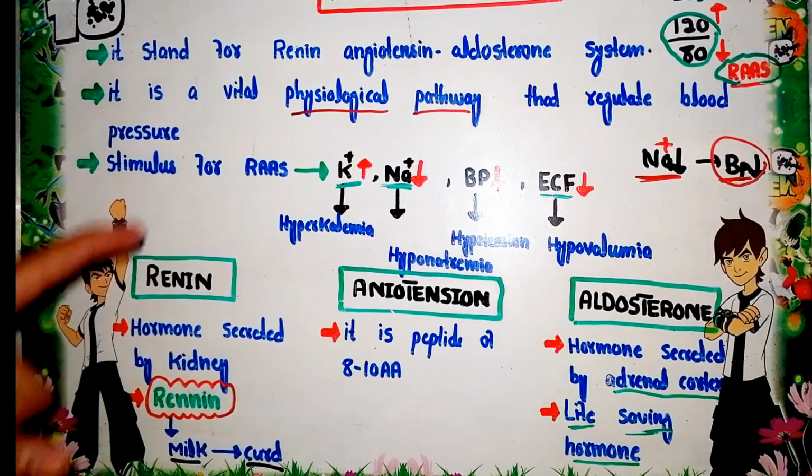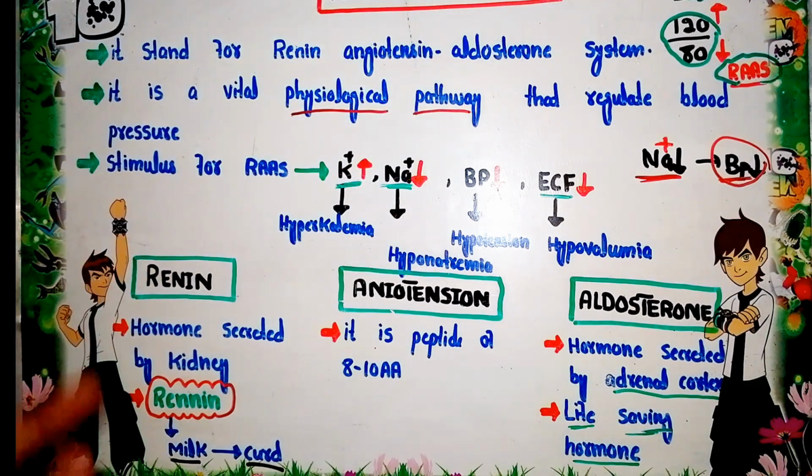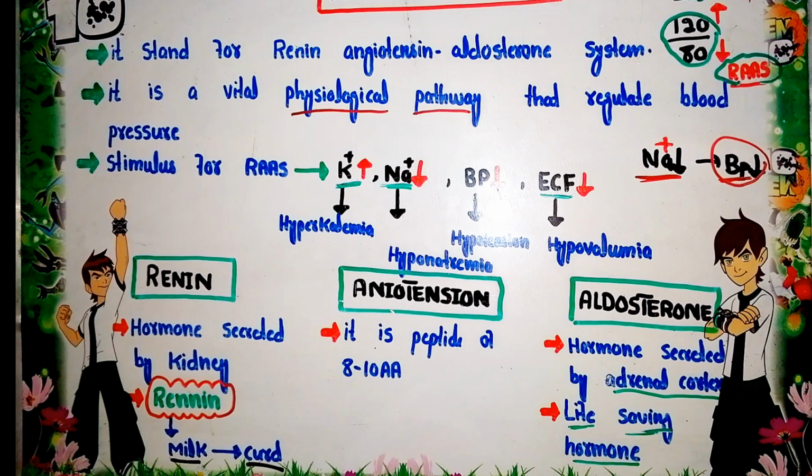Now what are renin, angiotensin and aldosterone? What are these substances? These are hormones. Renin is a hormone secreted by the kidney, especially the juxtaglomerular cells present at the afferent arterioles. There is another term related to renin.